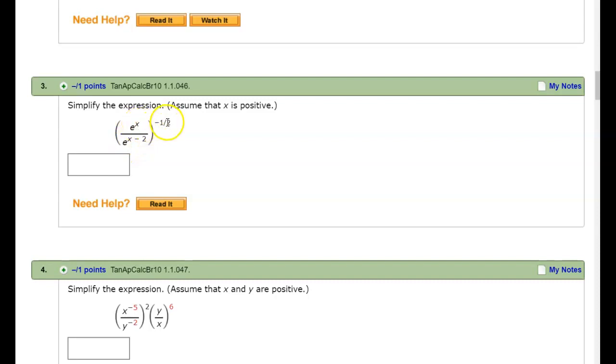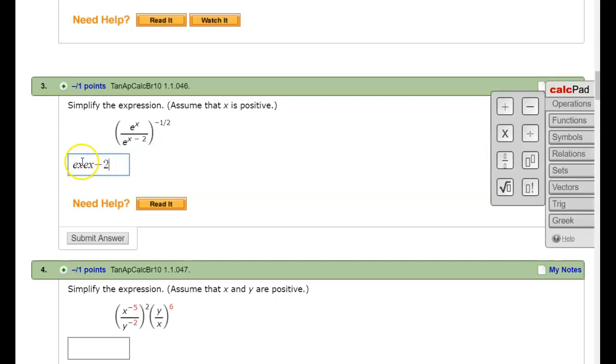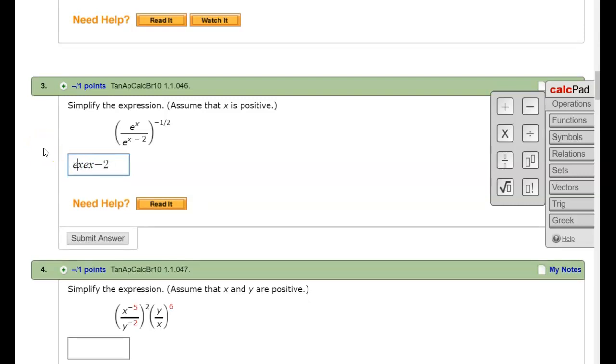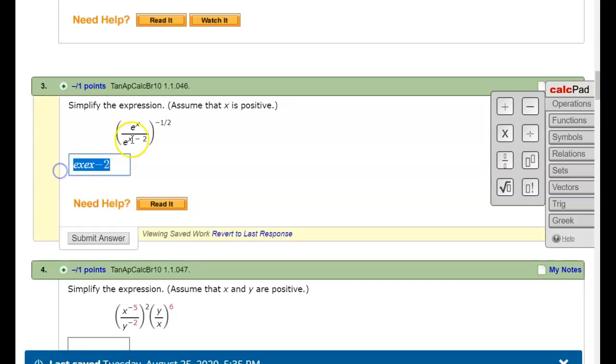So all I'm doing is multiplying the exponent. I can copy and paste like this. It doesn't give me what I wanted, but then I can come in and put in what I need, to the x. So it wasn't very helpful on this problem, but I can use that sometimes to copy and paste. So let me get rid of this.